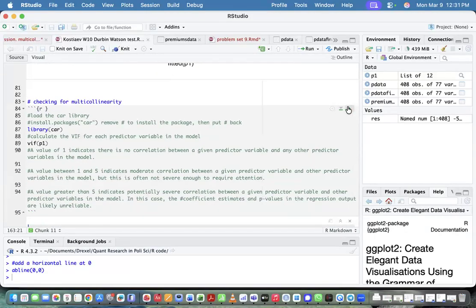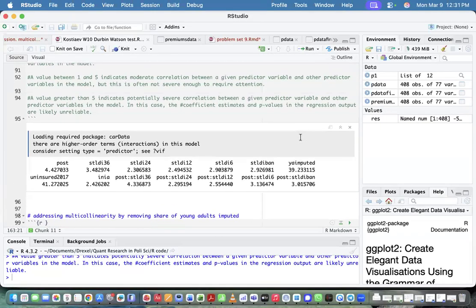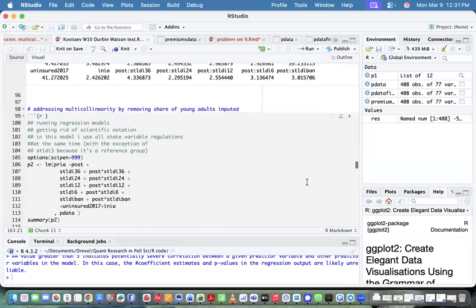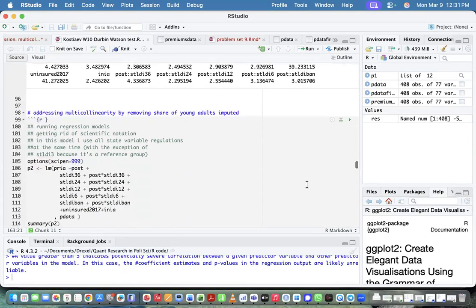Then we check for multicollinearity. And uninsured 2017 seems to have multicollinearity since it's way above 5, and share of young adults imputed also have multicollinearity, which means some independent variables in the model correlate with each other.